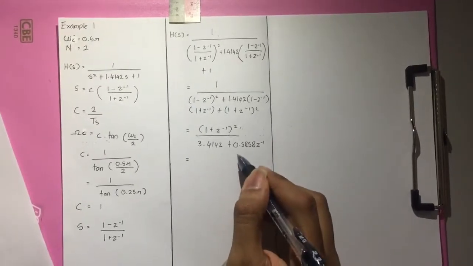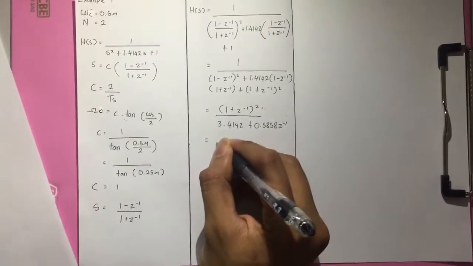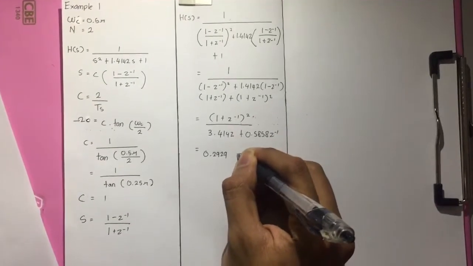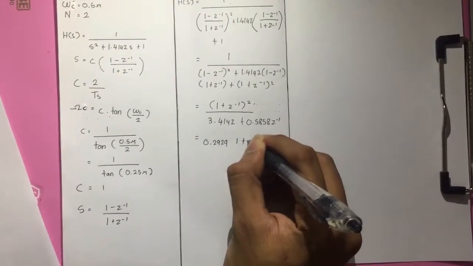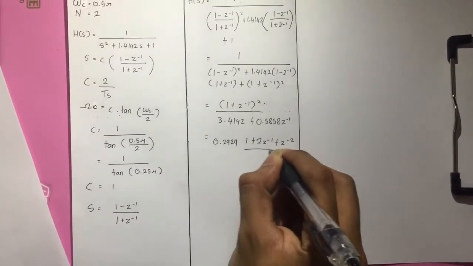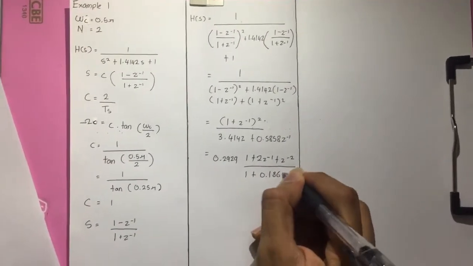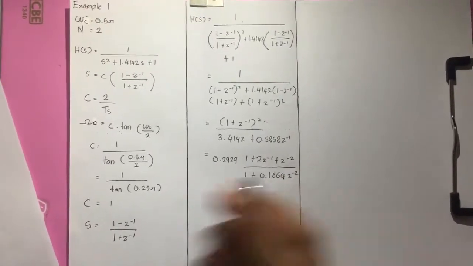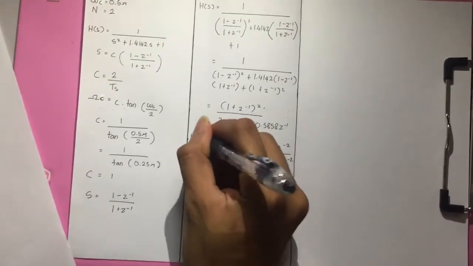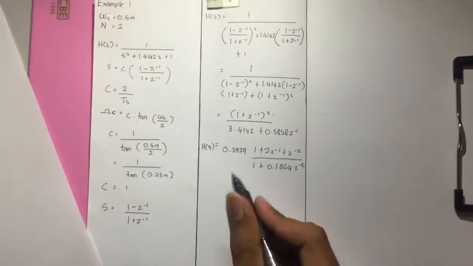I mean that we're going to factorize it, and it will become 0.2929 in bracket, 1 plus 2z inverse plus z inverse squared, over 1 plus 0.1716 z inverse squared. Okay, so this is our HZ.